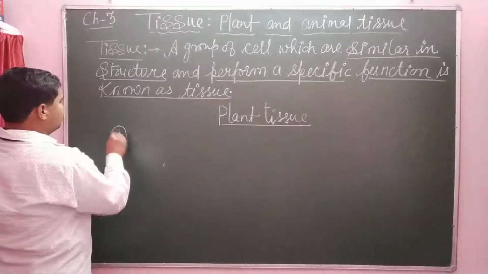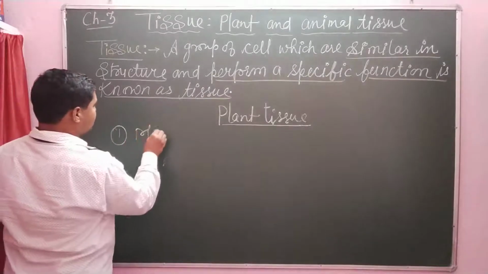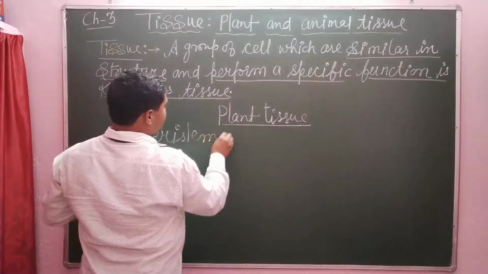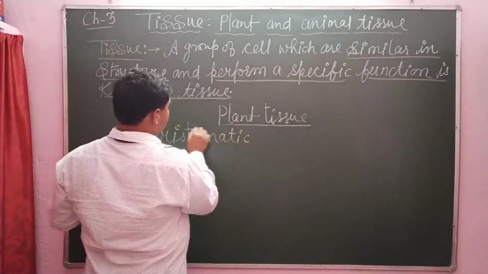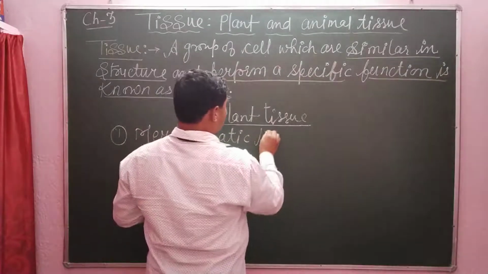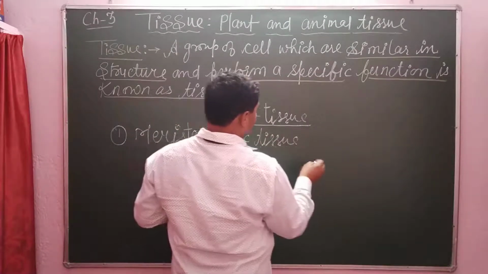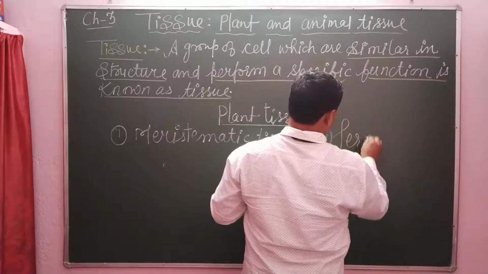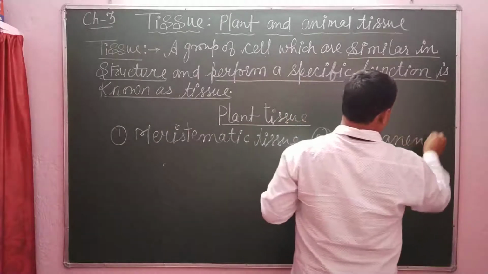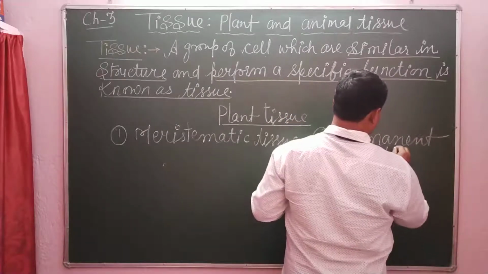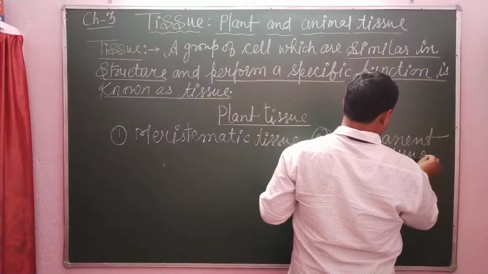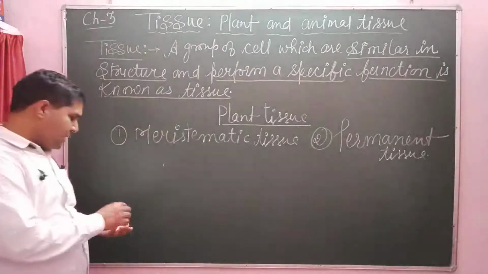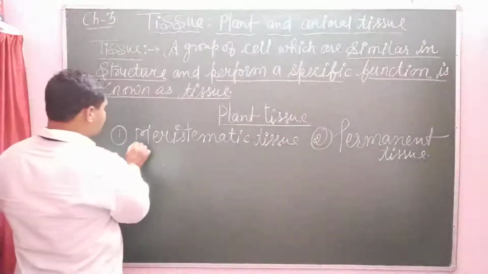First, meristematic tissue, and second is permanent tissue. So let us know what do you mean by the meristematic tissue.